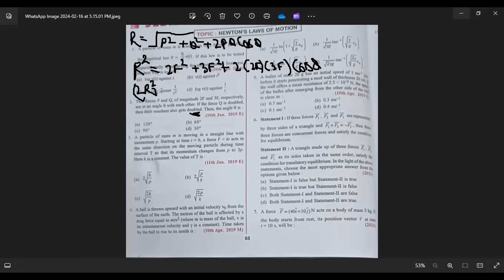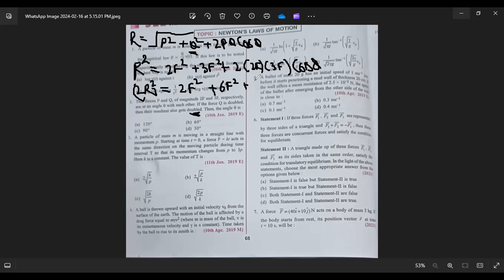Then we can write the whole square, 2r square. So simply we write 2r square equals 2f square plus, here you can calculate the value. Since Q is doubled, this value is also doubled, meaning 3 here becomes 6, so 6f square plus.